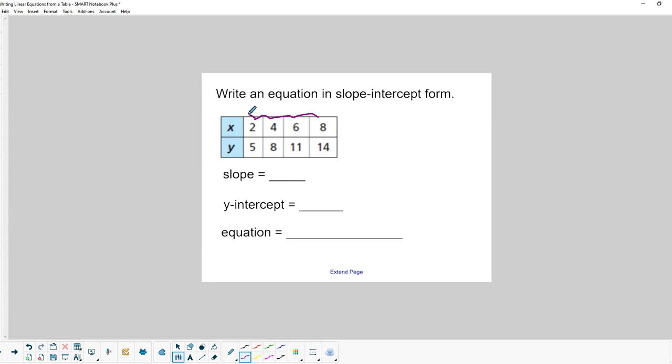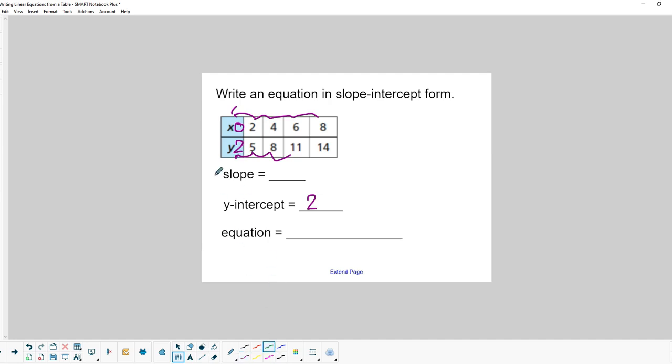So if we went this way, just one step, that would mean that our x value would drop by 2, which would put it at 0. What about our y values? They're going up by 3. So if we went this direction one step and dropped it by 3, that would put us at 2. So our y-intercept then is 2.